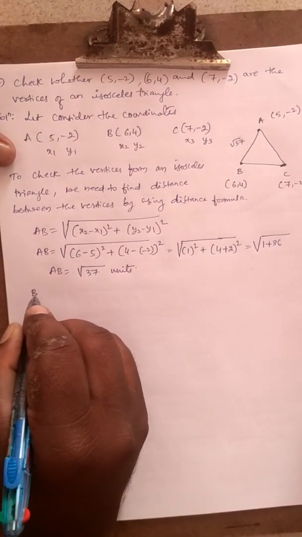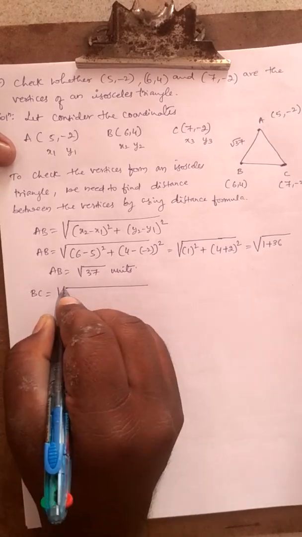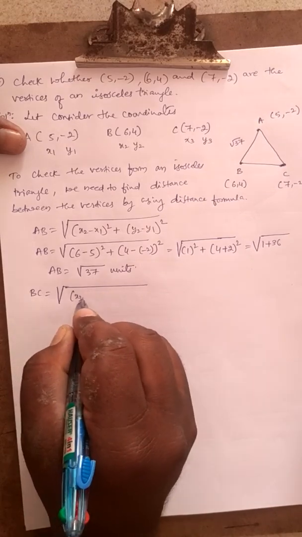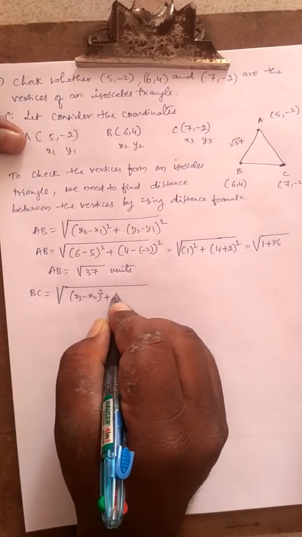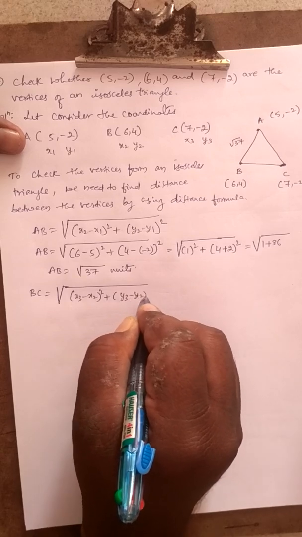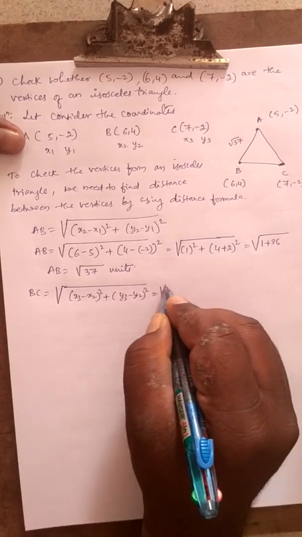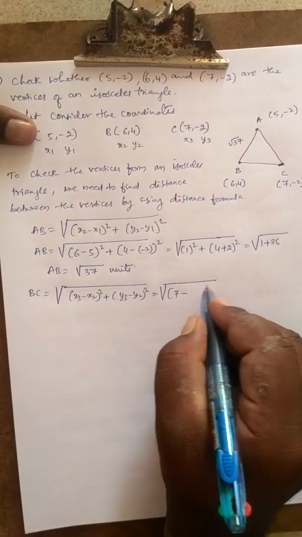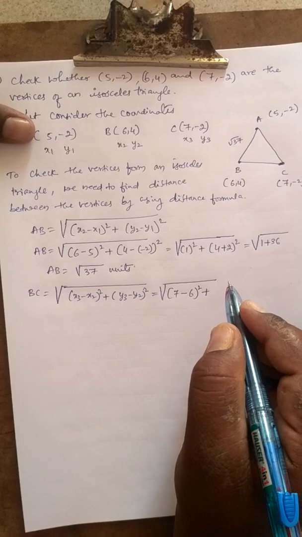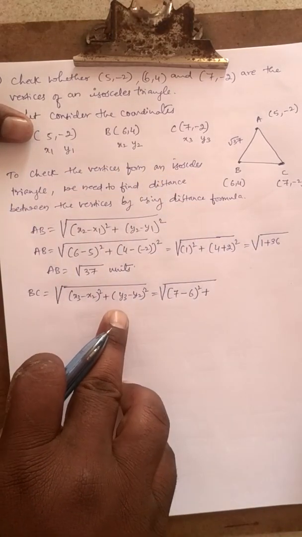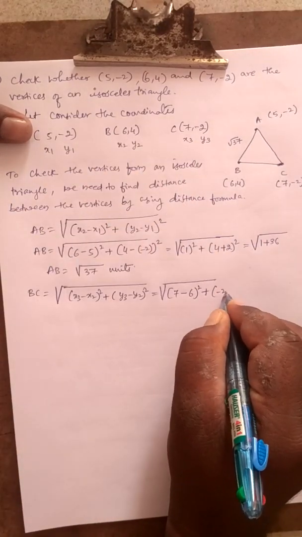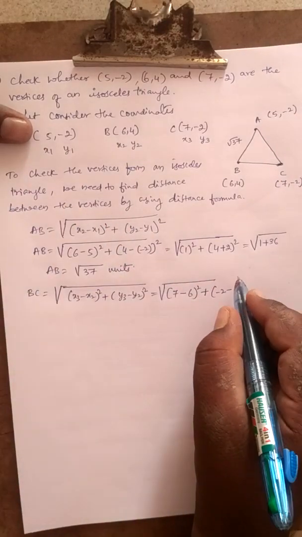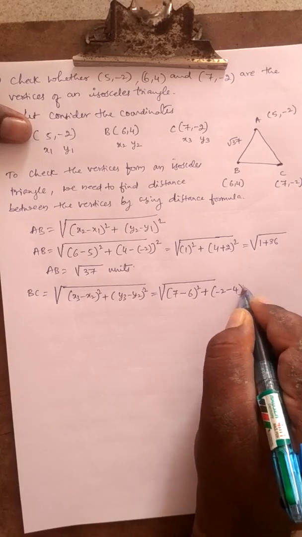Now we have to go for BC. How to adjust the formula for that? Here we take x2 y2 and x3 y3. So x3 minus x2 whole square plus y3 minus y2 whole square. Write the values: x3 is 7 minus x2 is 6 square, plus y3 is minus 2 minus y2 which is 4, whole square.